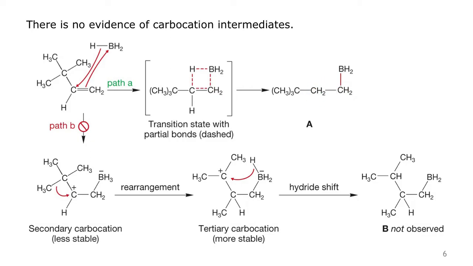If the stepwise mechanism illustrated previously had been taking place, where we form the carbon-boron bond and then have a subsequent transfer of hydride, because of this carbocation intermediate you would have the possibility of getting an alkyl shift and then the hydride being transferred to a carbon further down the chain. We don't see any evidence of the existence of the intermediates, nor do we observe the product of rearrangement. So it seems that we don't form a carbocation, or if we do, it doesn't rearrange for some reason.